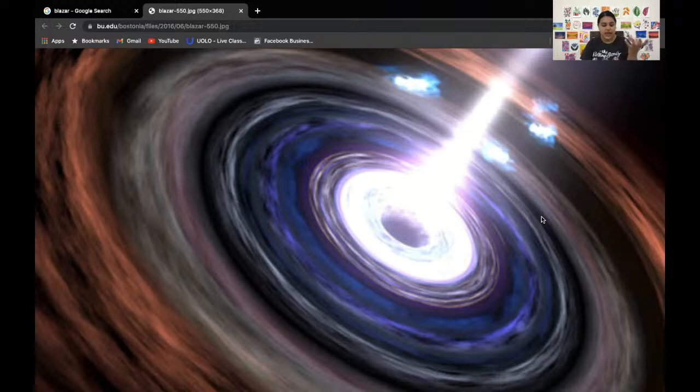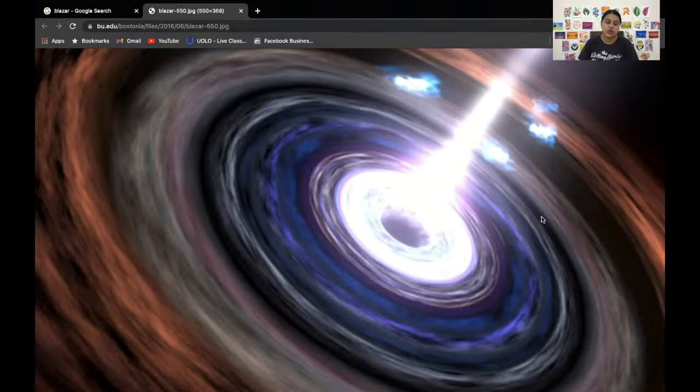It's an active galactic nucleus that sucks a lot of things in and has a lot of energy. So basically a blazar is a form of a black hole, or a result, or a consequence of a black hole.